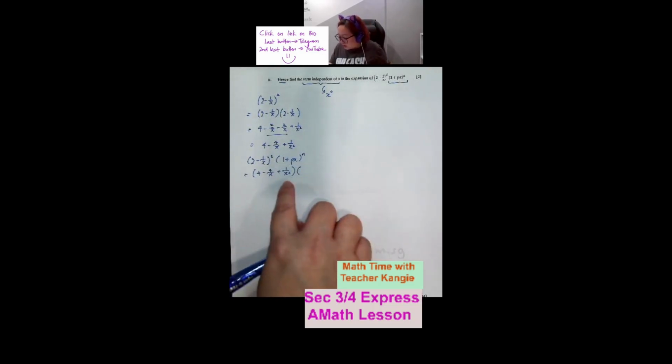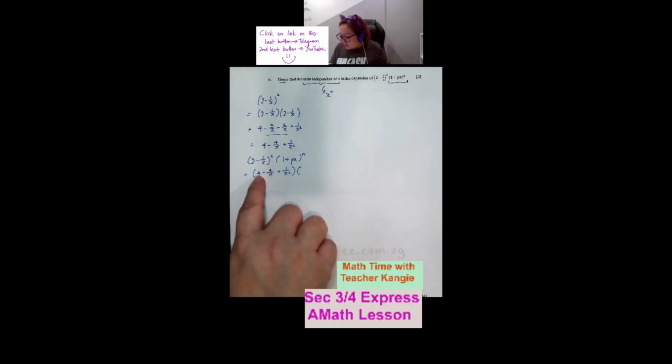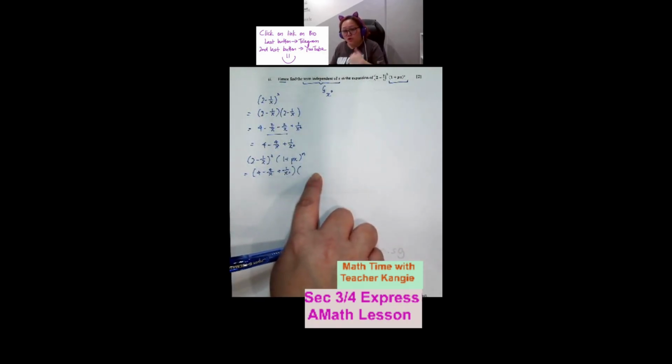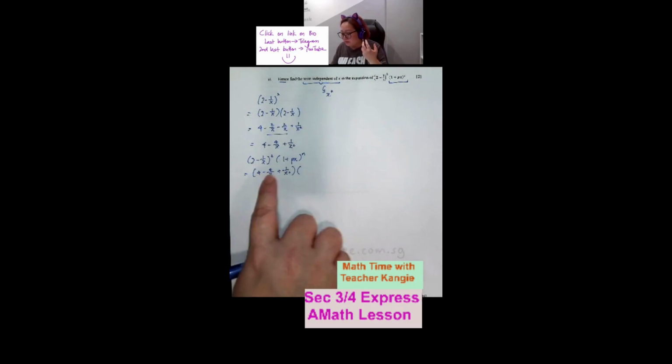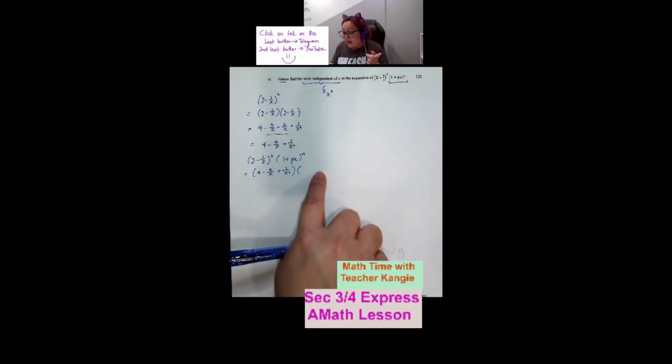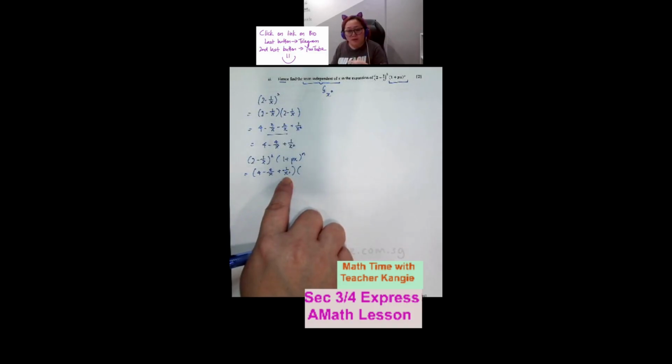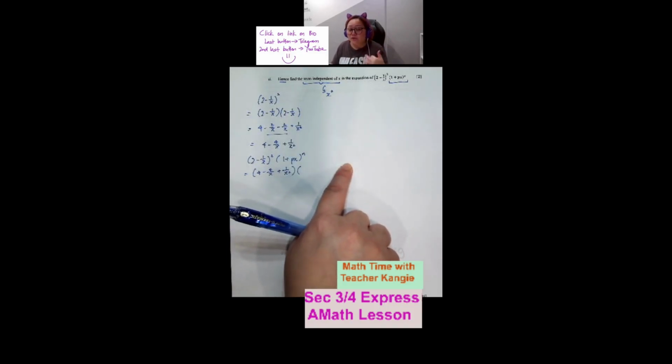So look at here, 4 multiplied by the constant here will contribute to my constant. Agree? This is x to the power of negative 1. When you expand with x, it will give you your constant term. This is x to the power of negative 2. When you expand with x squared, it will give you your constant term.